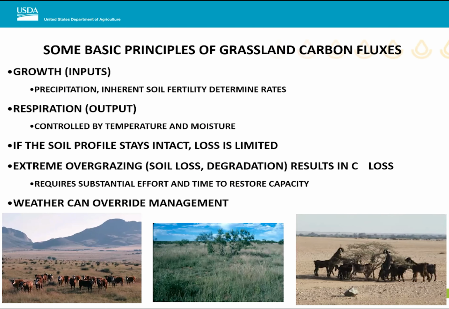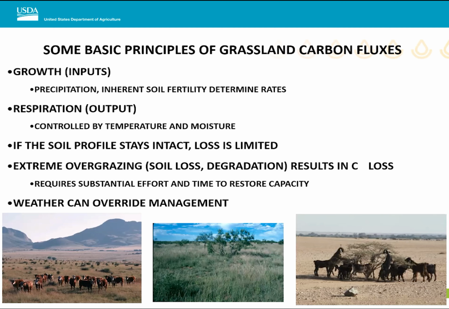Now, some basic principles of those grassland carbon fluxes. Growth is input. Growth in rangeland situations especially is controlled by precipitation and inherent soil fertility. If you think of that in a cropland sense, it's precipitation and whatever fertilizer we want to put on in addition to that inherent soil fertility.